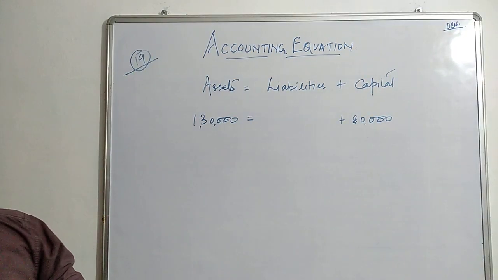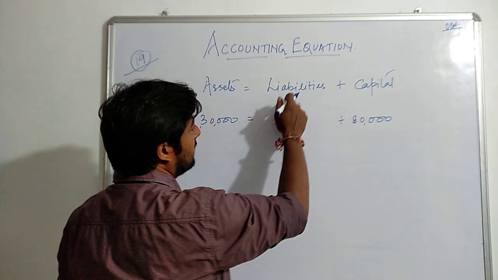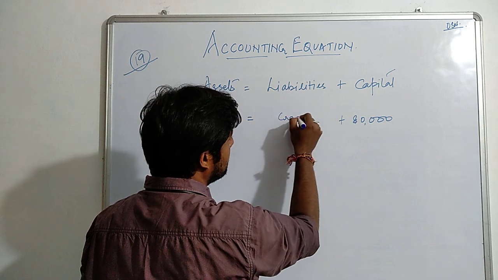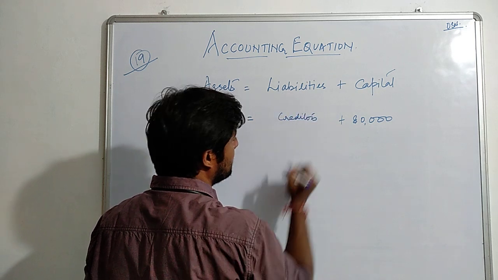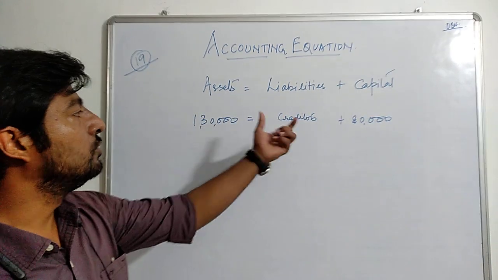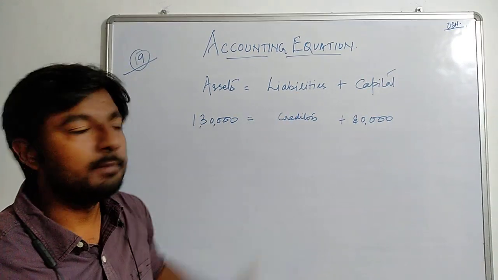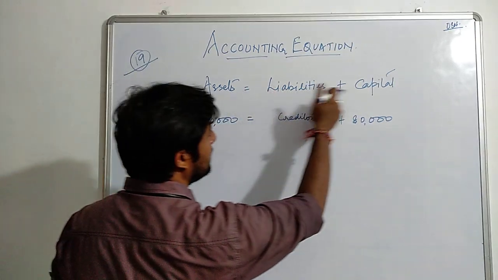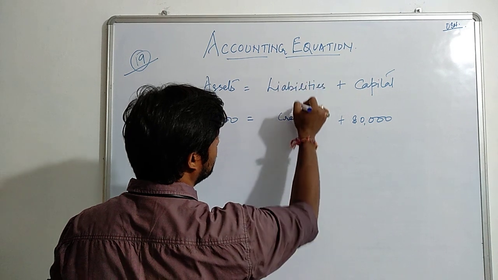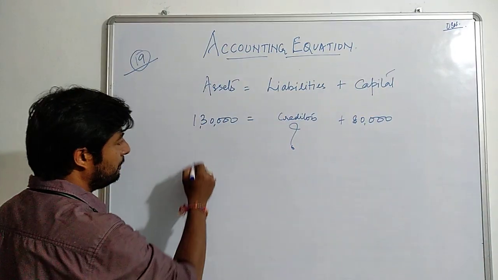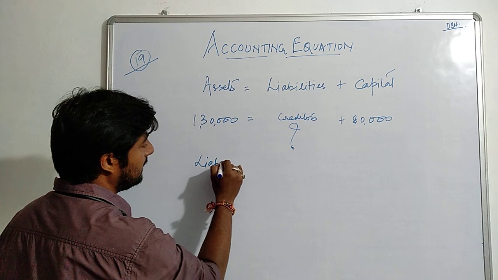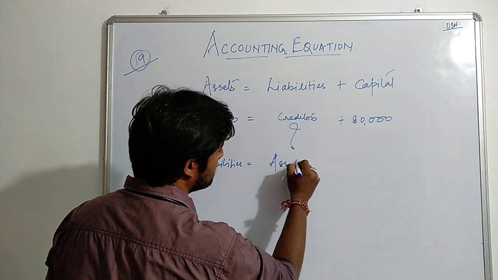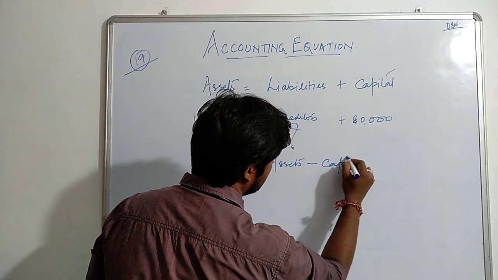Calculate the creditors. We all know that creditors are a part of liabilities. So the question is saying you have to find the amount of liability. If assets is equal to liabilities plus capital, then liabilities is equal to assets minus capital.